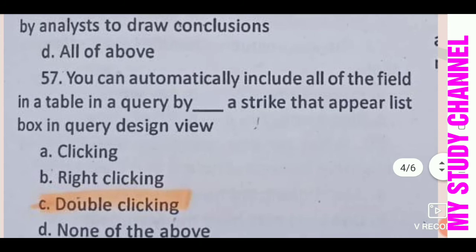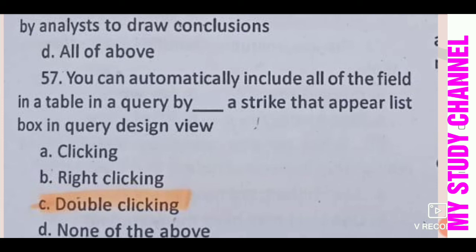Next question is, you can automatically include all of the fields in a table in a query by dash asterisk that appears in the list box in query design view.